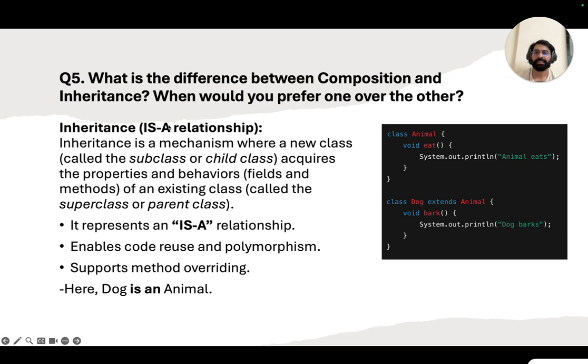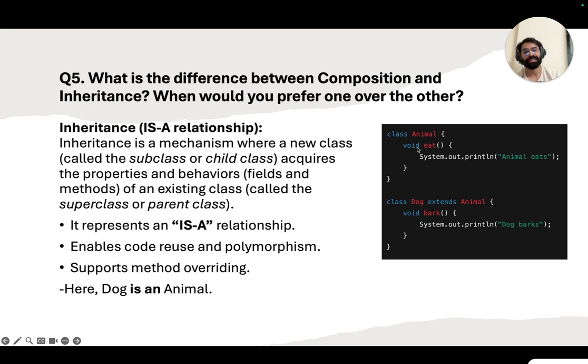Next, inheritance is a mechanism where a new class called a subclass acquires the properties and the behavior. I have already explained these things. Here you can see an example: there is one Animal class with the method eat, and Dog extends Animal with a bark method. So in Dog, eat and bark both will come.